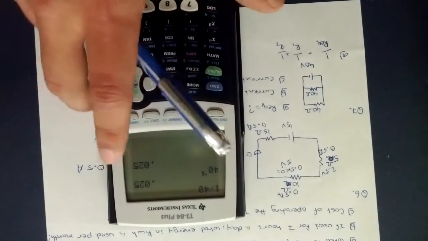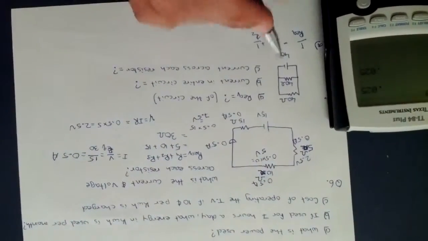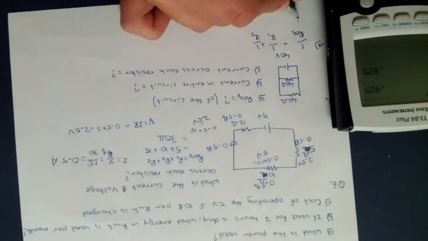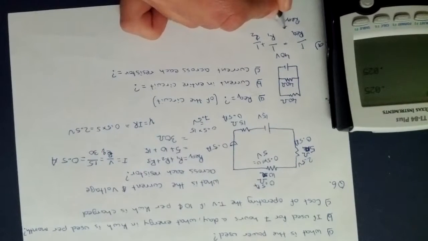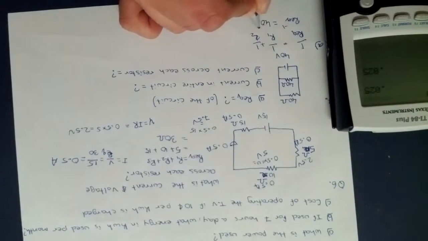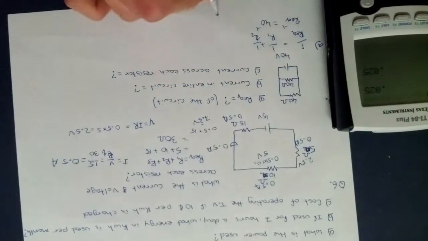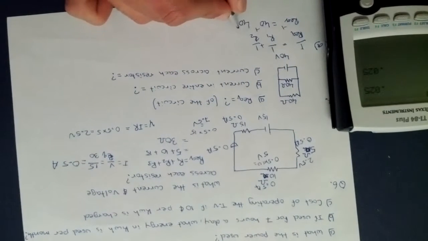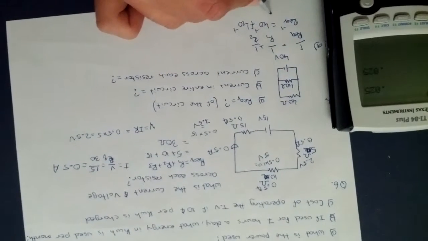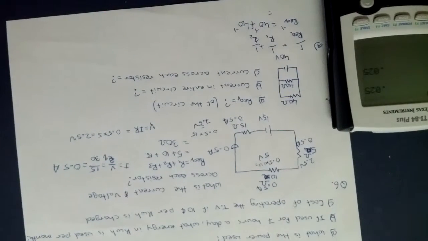So using this, we can reset the equation as Req inverse equals 40 inverse, because that's R1, plus 40 inverse, because that's R2.